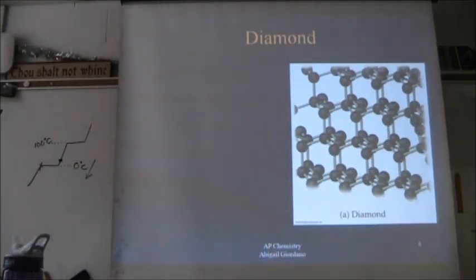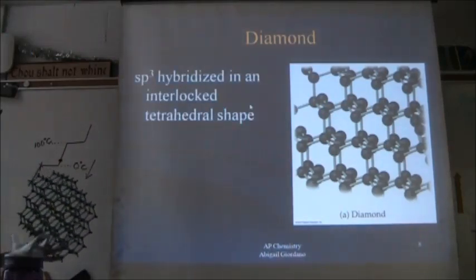Don't look at one towards the edge. What shape do you see around that carbon? Tetrahedral. Yeah. Solid diamond is carbons that are tetrahedrally bonded to each other.